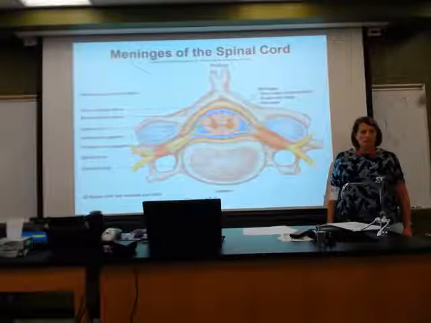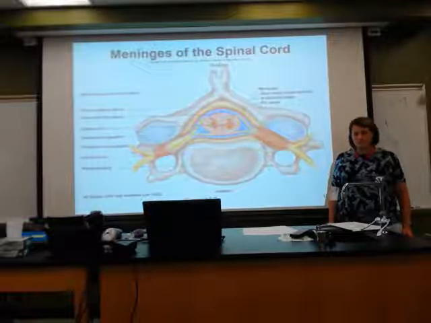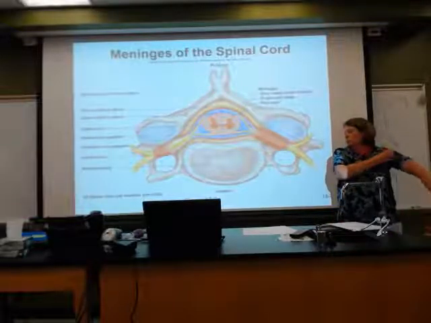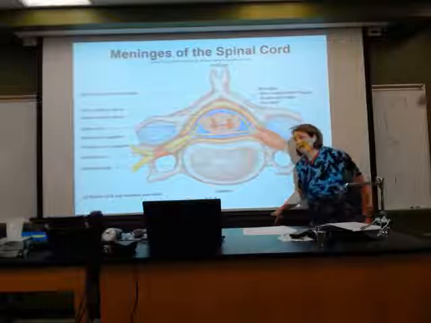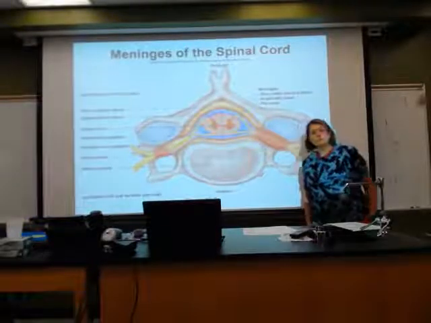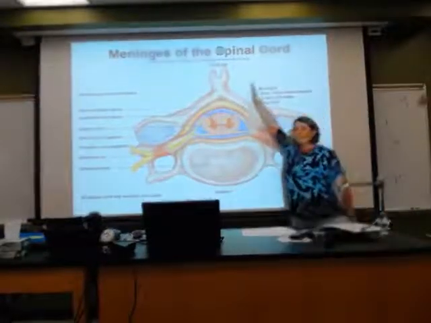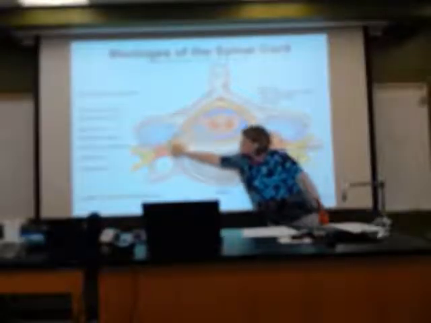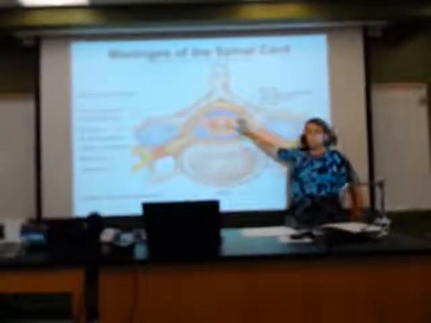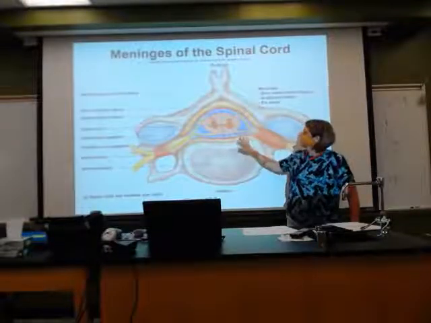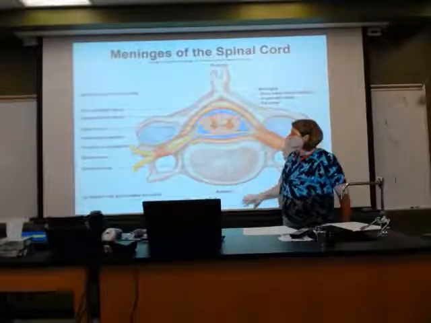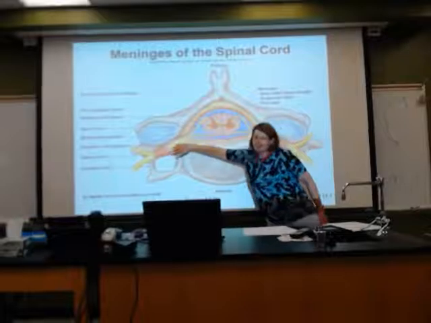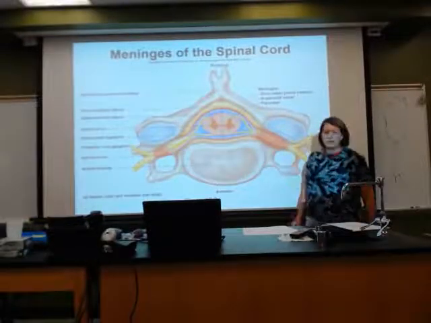Is everybody following me? Okay, so we're going to see that we have our anterior, posterior, the wrappings of our meninges, the spinal cord, and the exits of spinal nerves.